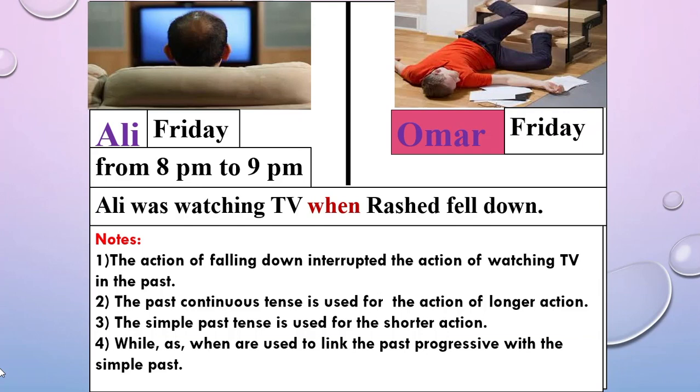The past continuous is used for the longer action. The simple past is used for the shorter action. While, as, or when are used to link the past progressive with the simple past. We use while, as, or when to link both tenses.